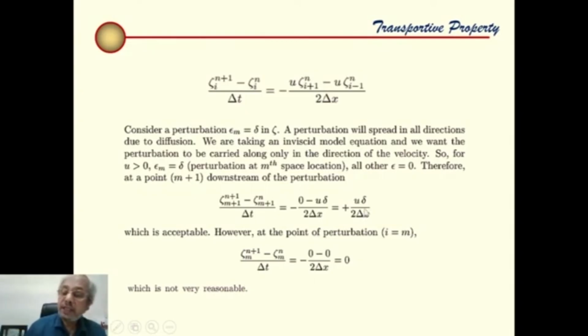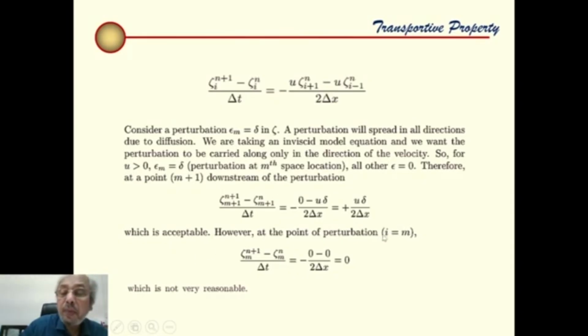Because at the next point, the m plus 1th point in space, you will get some effect of the perturbation given at the mth point. That is why it is acceptable.